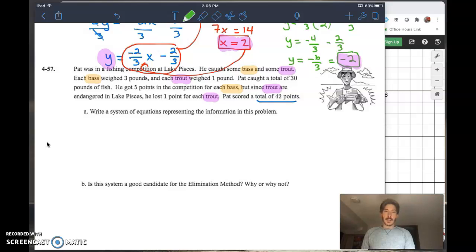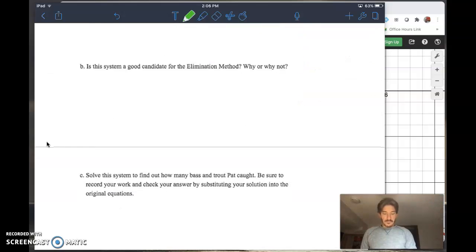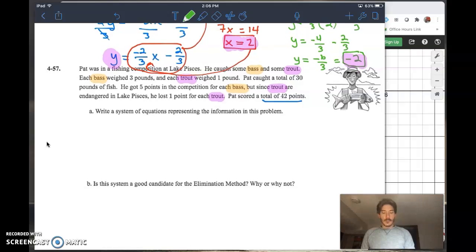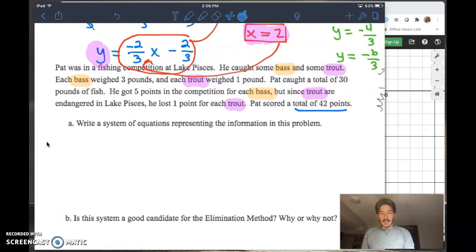I'm going to go ahead and write my let statements because ultimately we are going to be solving to figure out the number of bass and trout. This is part C of the question. So that's going to involve my setup here and using these let statements. I'll keep that in mind.